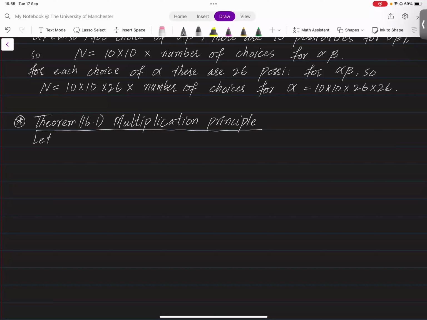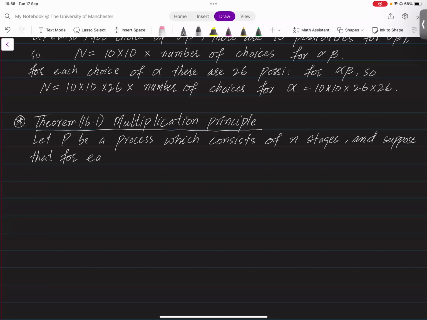This says that let P be a process which consists of n stages, and suppose that for each r, the rth stage can be carried out in a_r ways.